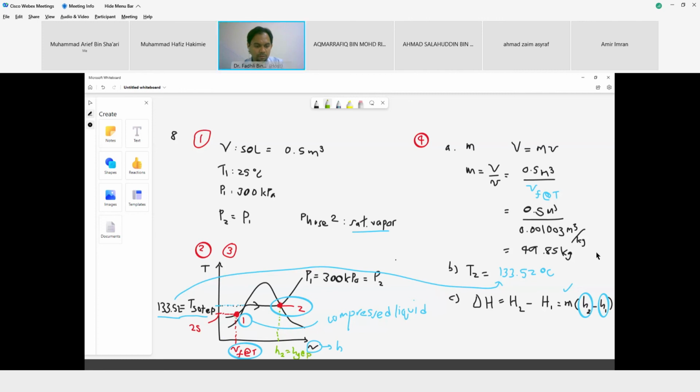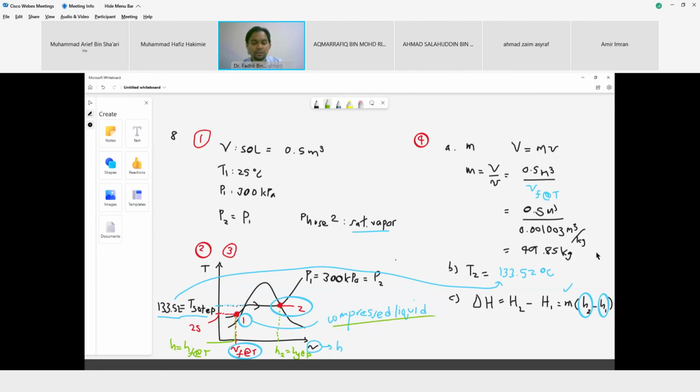Yang di sini pula 1, you can drag this one. You can apply the same concept as this. H equal to Hf at the given temperature. Okay. Sebabnya nombor 1 ni, initial state, dia adalah compressed liquid.